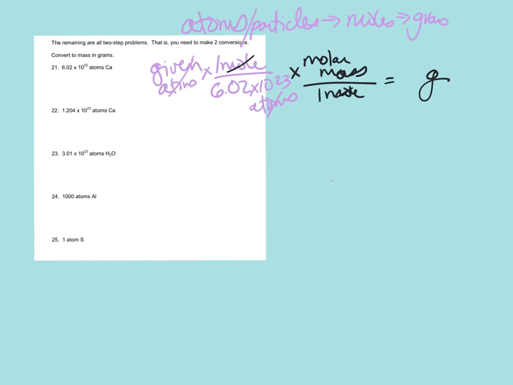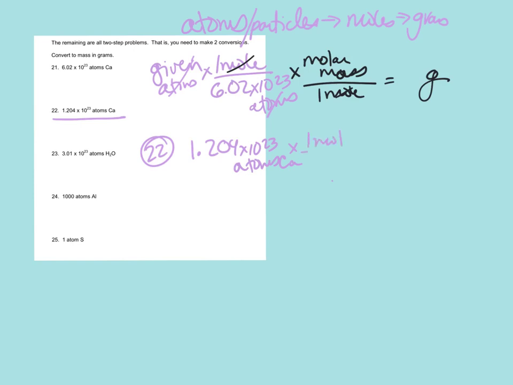So for this one, I'm going to do number 22. Right there. And so we're looking at atoms of calcium to grams. So we start with atoms of calcium. Here we want to get moles.